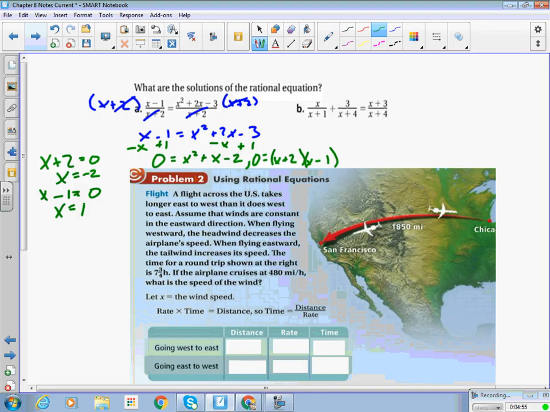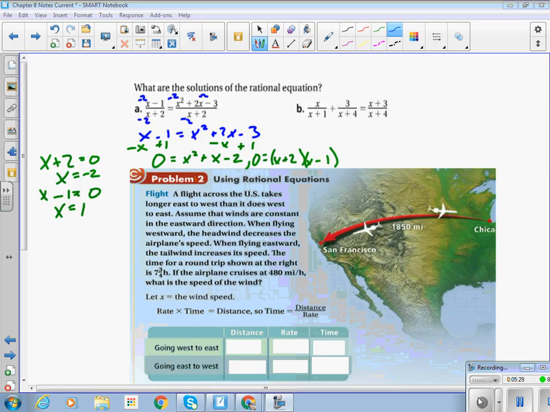We need to test both of those. I can already tell you one of them is a no bueno. What happens to my original expression when I put in -2 for x?